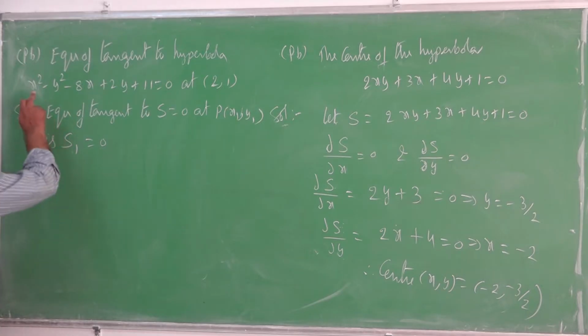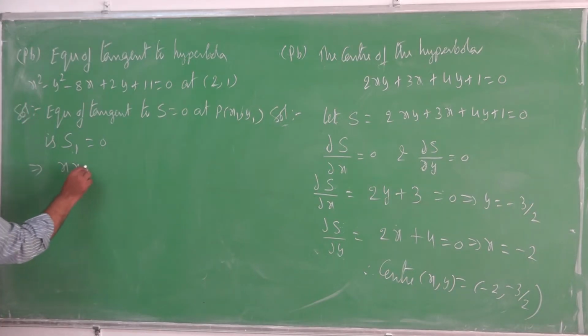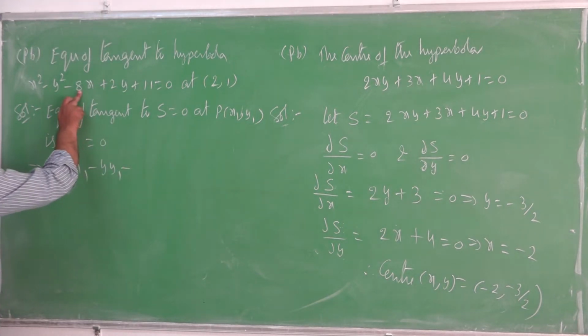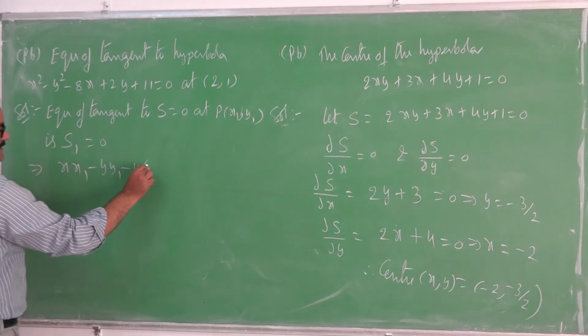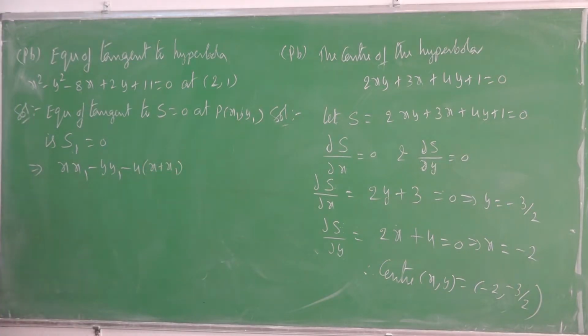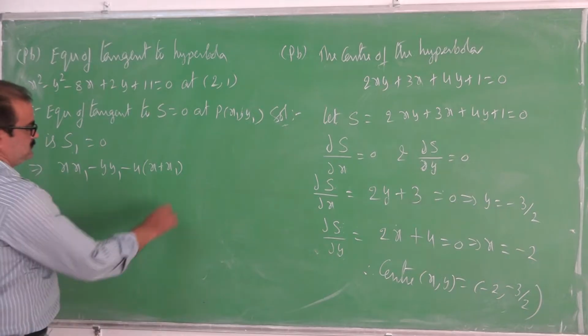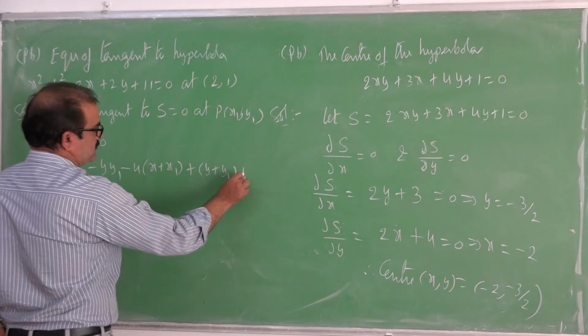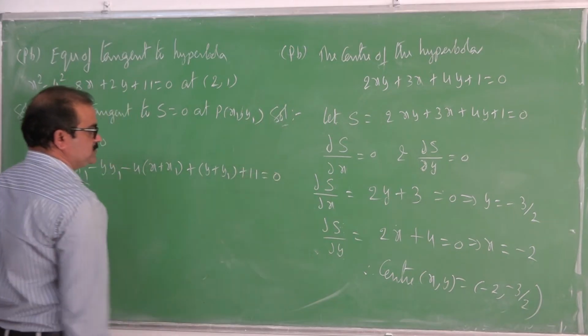See here, let it be S. Write S1 to this equation. X square is taken as xx1, y square as yy1, minus 8x is taken as minus 4 into x plus x1. 2y is taken as y plus y1, plus 11 is equal to 0.